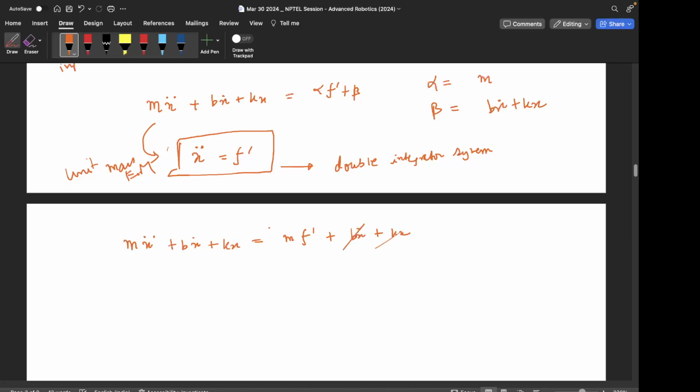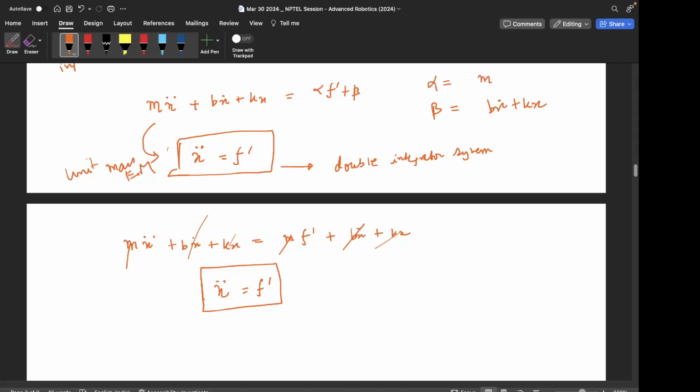So these two terms are cancelled out and m is cancelled out. So this becomes x double dot is equal to f dash, which is the new input to the system.